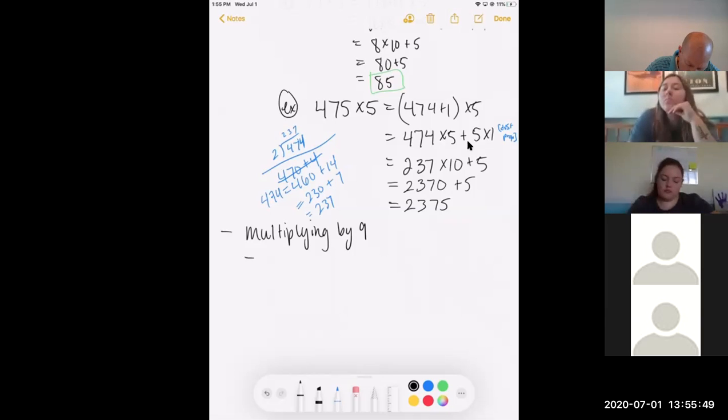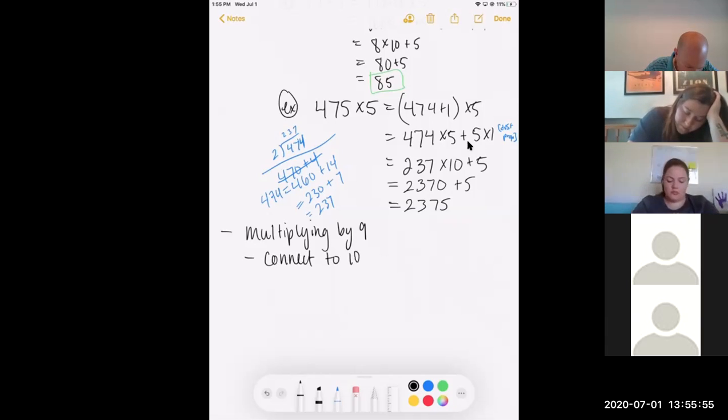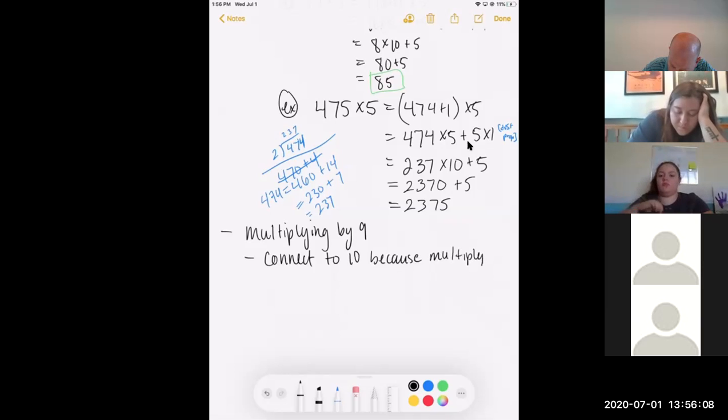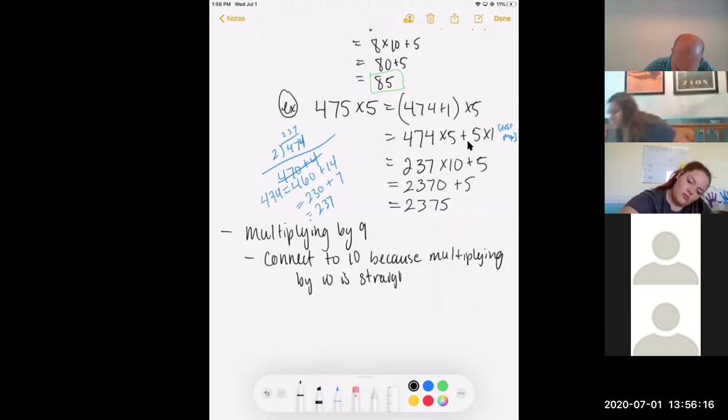So we want to connect this strategy, connect to 10, because multiplying by 10 is easy. I'm going to use straightforward instead of easy.